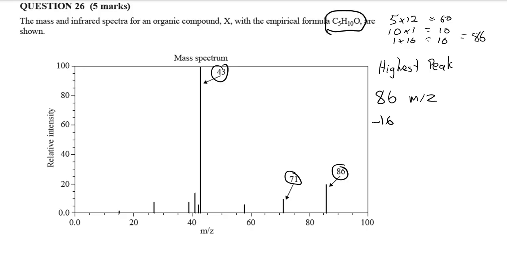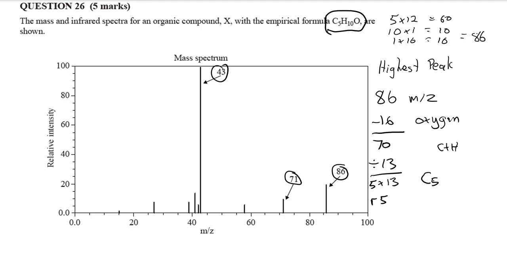So I know I have one oxygen. So I'm going to take that away from this, and I end up with 70. Now we divide by 13. 13 is a carbon plus a hydrogen. So that will go into it 5 times, and I will have a remainder of 5.